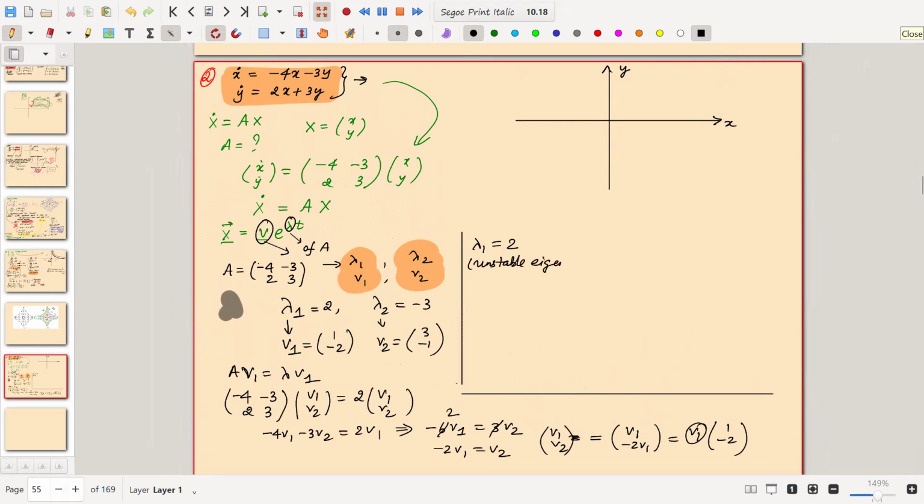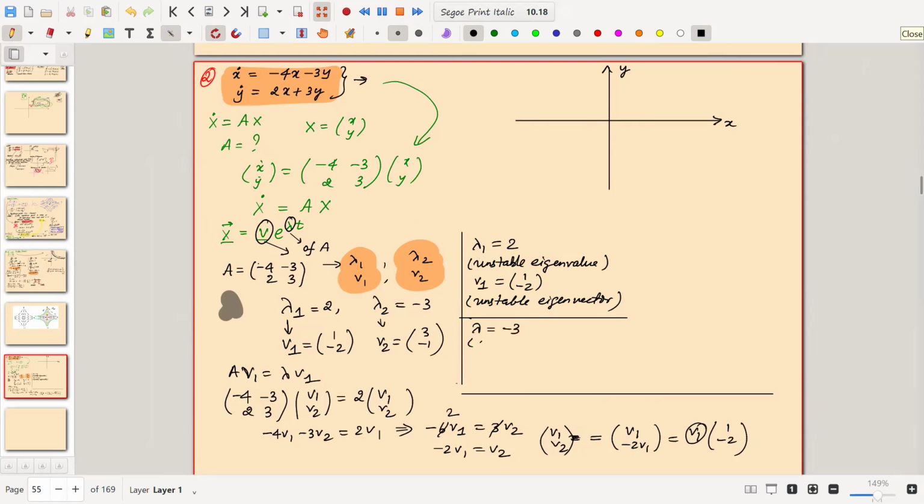That means the corresponding V1, 1 minus 2, is the unstable eigendirection, unstable eigenvector. So that direction will be unstable. That means points will move far away from that equilibrium point. Right? Agree?